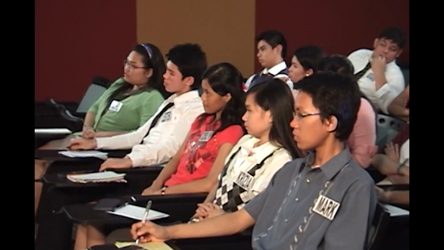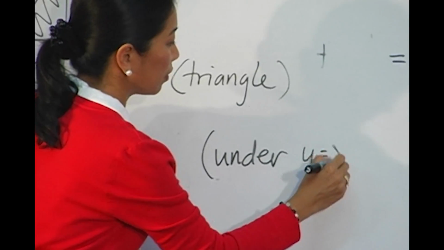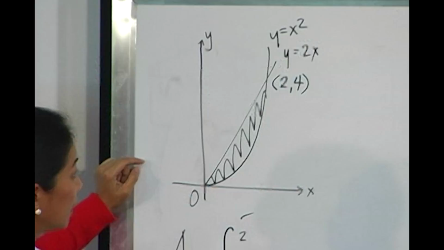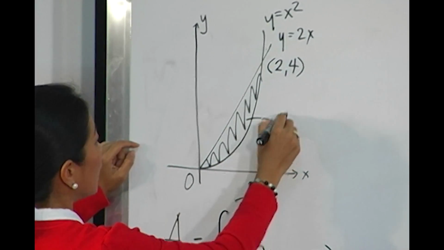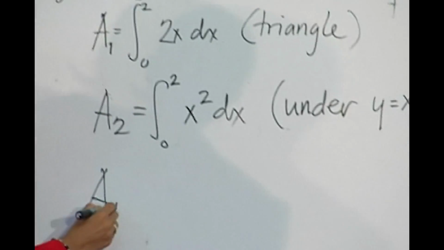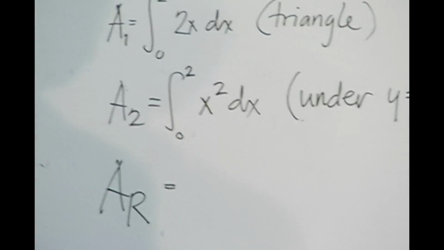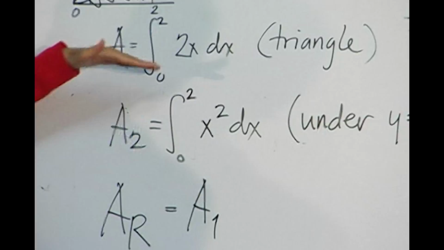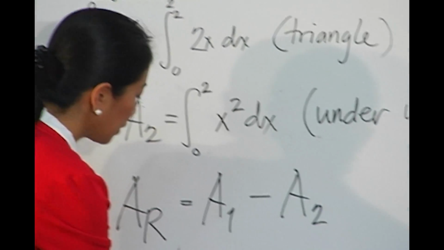This is under the triangle, and this is under y equals x squared. Now, if we want this actual region, the area of the region R is given by the triangle minus A2.